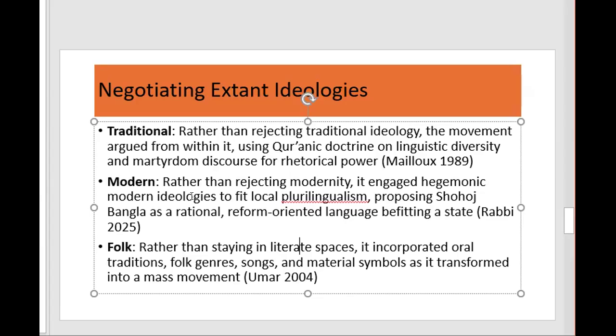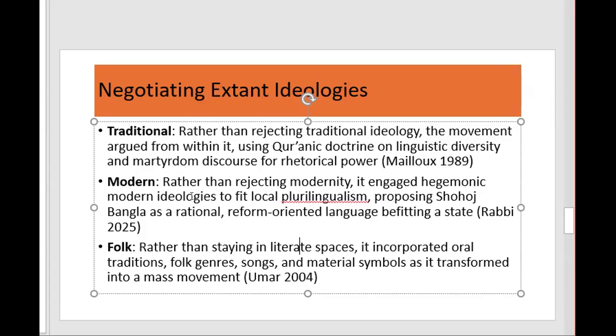Then third, the folk. So rather than staying in the literate spaces, just operating in written language, like all mass movements, it operated within the folk tradition of multimodality, or incorporated oral traditions, songs, music, dance, folk music, which is a big part of Bengali culture, and the material symbols around the society, which was the Shohid Minar, which was Sriti Stambha at the time, these monuments that it incorporated as part of its rhetorical argument.